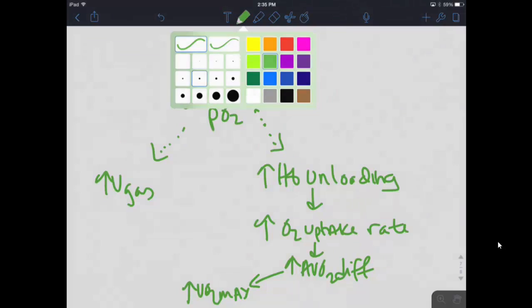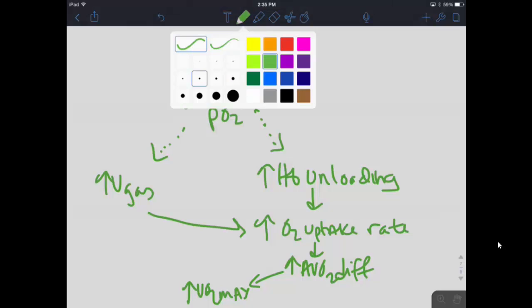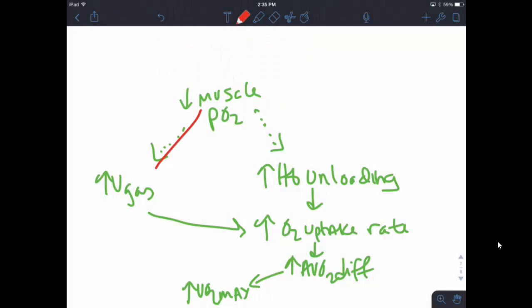Okay, so this muscle PO2, let's see. This comes here. So the lower muscle PO2 affects uptake rate two different ways. Okay.